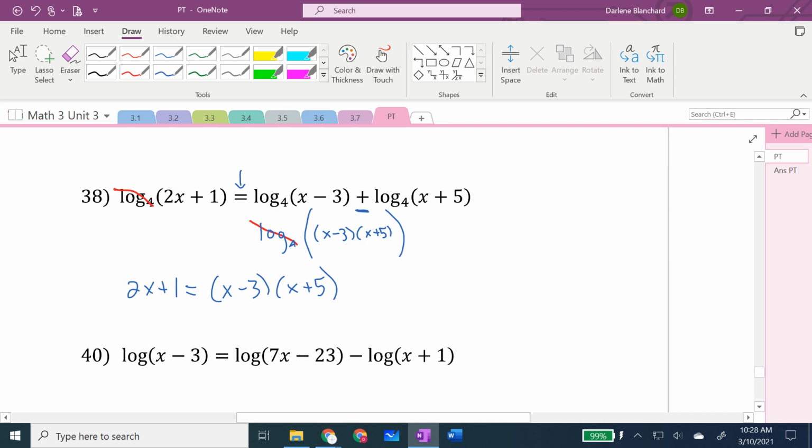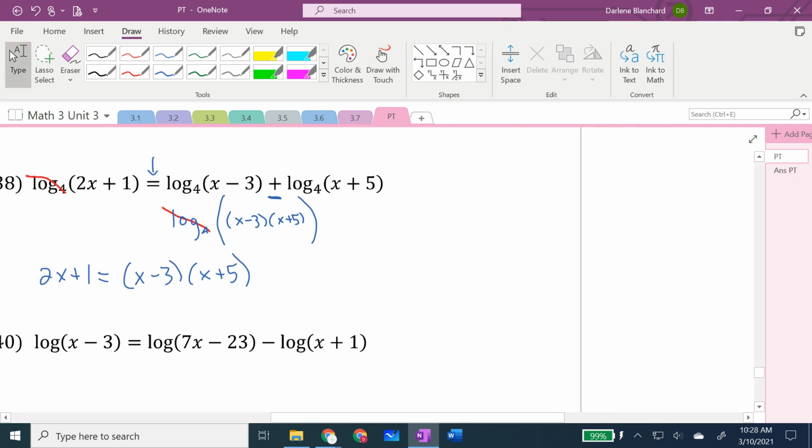Now, up until this point, everything was about log rules. At this point, it's going back to your ability to solve quadratic equations. And the left side is 2x plus 1. I need to multiply these two together.